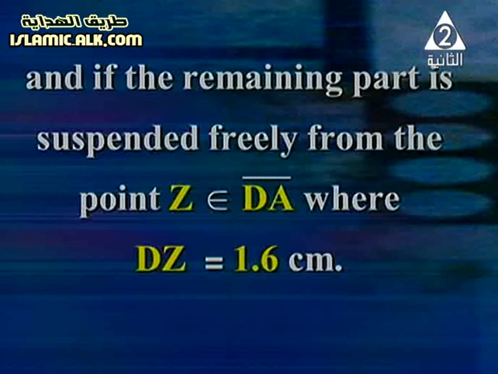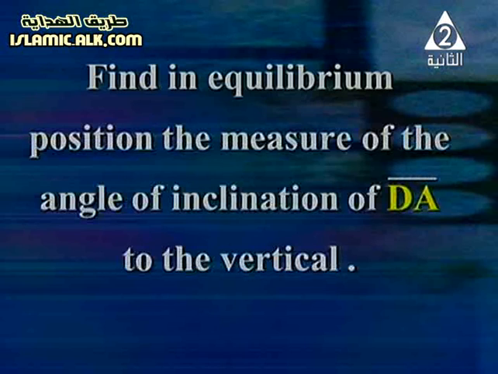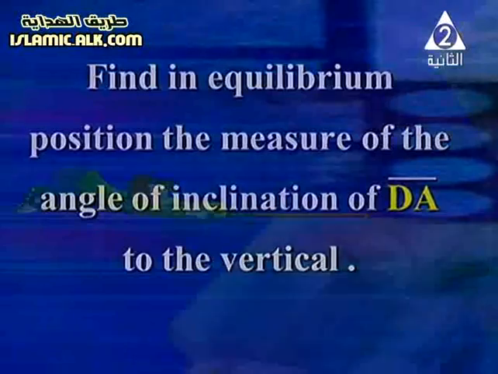If the remaining part is suspended freely from the point Z belonging to the AD line segment, where AZ is 1.6, find in the equilibrium position the measure of the angle of inclination of DA to the vertical.